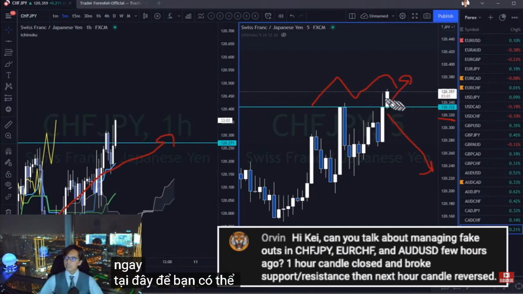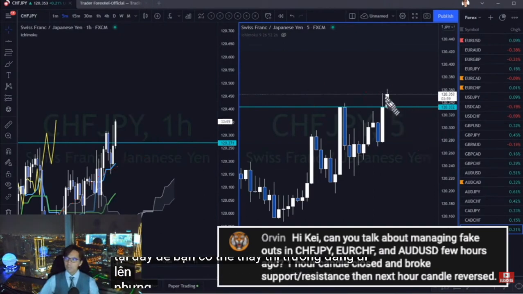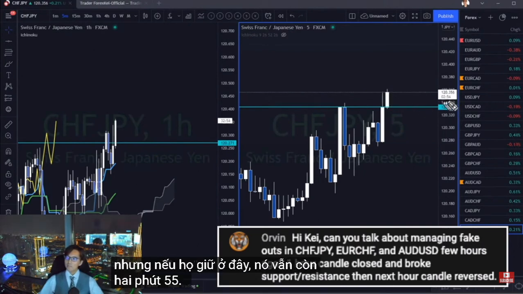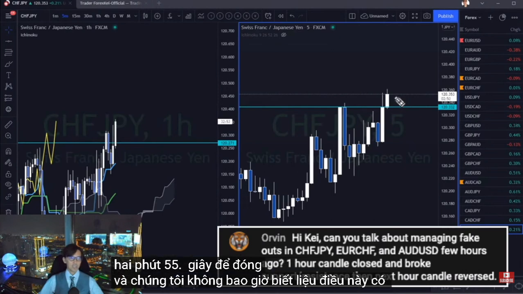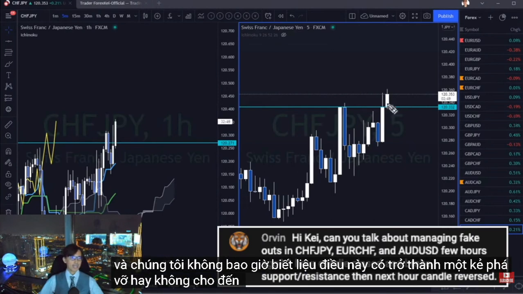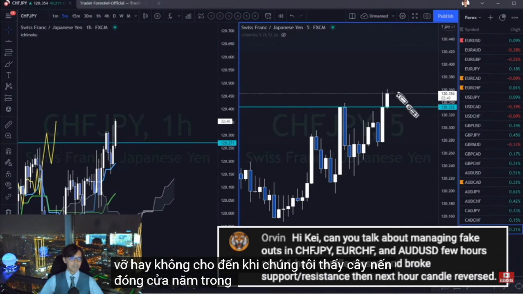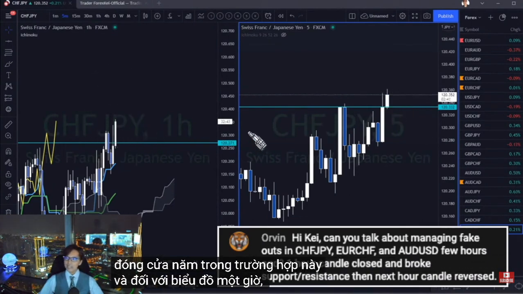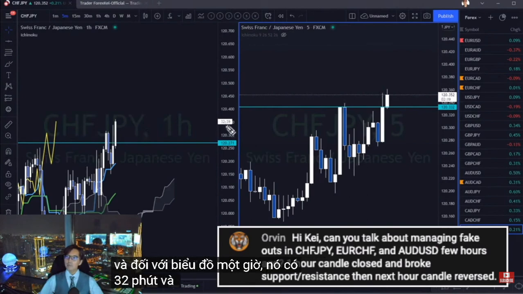So here you can see the market is going up, but if we hold here, it still has 2 minutes and 55 seconds to close. We never know if this becomes a fake out or not until we see the candle close in the 5. As for the 1 hour chart, it has like 32 minutes and 38 seconds to close.